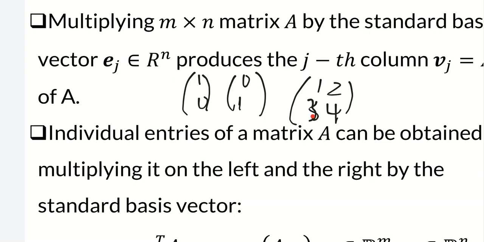Now, when you look at this, if I want to get the first column, all I have to do is to multiply by this. If I want to get a second column, all I have to do is to multiply by that. Now, let's find out whether that is true. All right, so I have this. Now, let's pick the standard base.